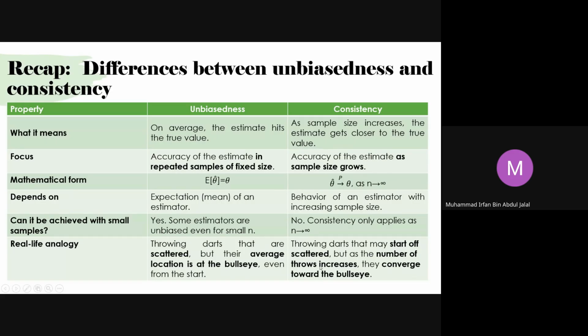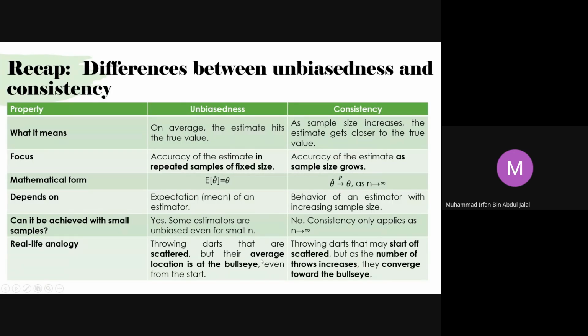But consistency is different. At the beginning when we throw the darts, if the sample size is small, it can start scattered outside, not hitting the middle. But as the number of throws increases, they will converge towards the bullseye. The number of throws can be considered as your sample size. As the sample size increases, they converge towards the bullseye.